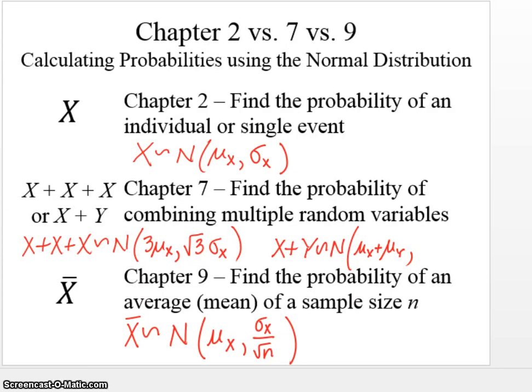So the standard deviation is going to be the variances individually added together and then square rooted. Of course that's not very pretty, but hopefully you remember that from Chapter 7, and that will help us move forward when we're doing questions that involve Chapter 2 and 7 and 9 all in the same type of problem.